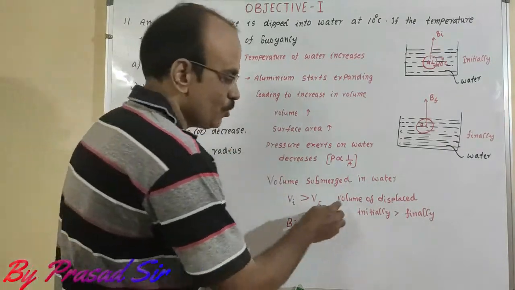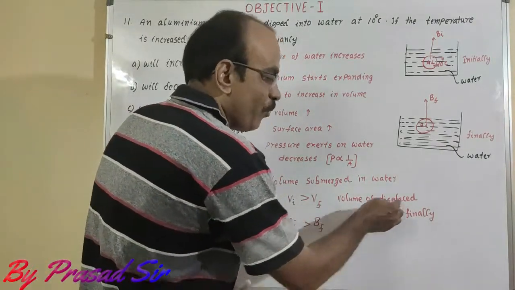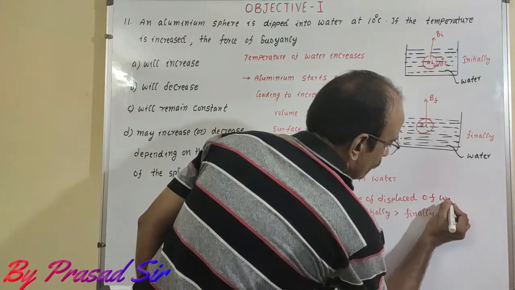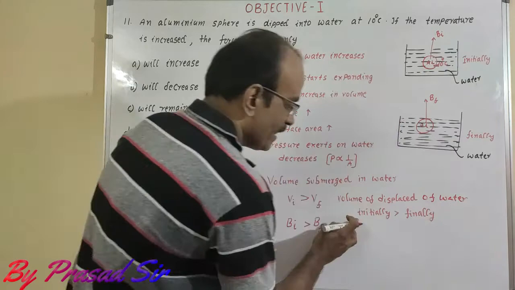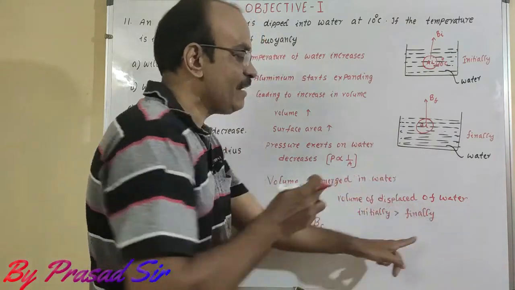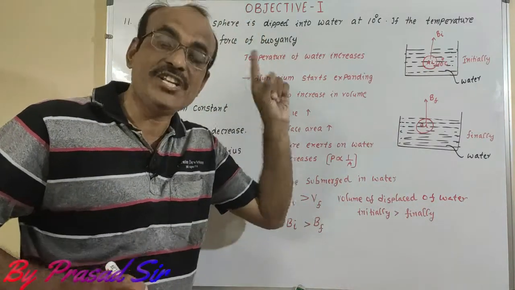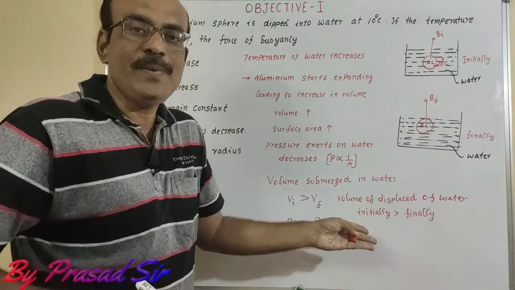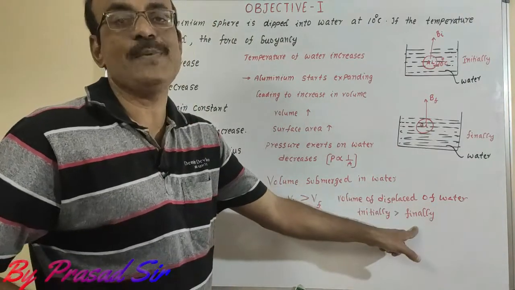Then the volume of displaced water initially is greater than finally. So how much water is displaced initially should be greater than the final displaced water.